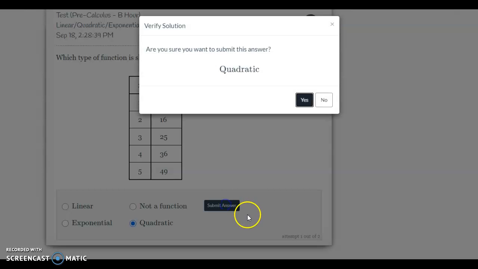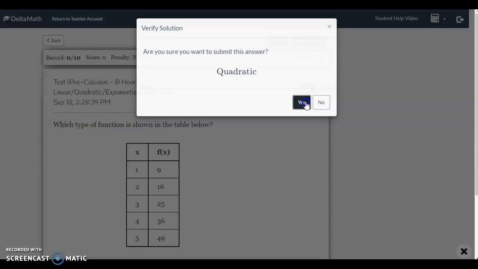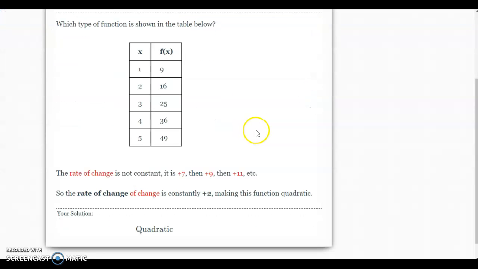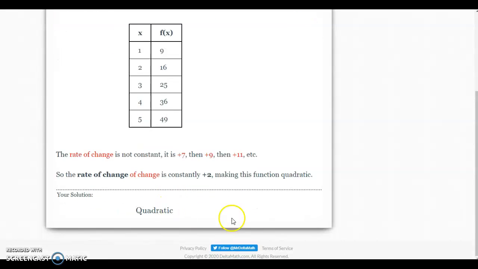So this is actually a quadratic table. And if you're still confused as to how I got that, even if you do this problem wrong, it'll go down and give you an explanation for it. So the rate of change isn't constant, so it's not linear. And it says the rate of change is constantly plus 2. So this is just talking about your first difference and then your second difference.